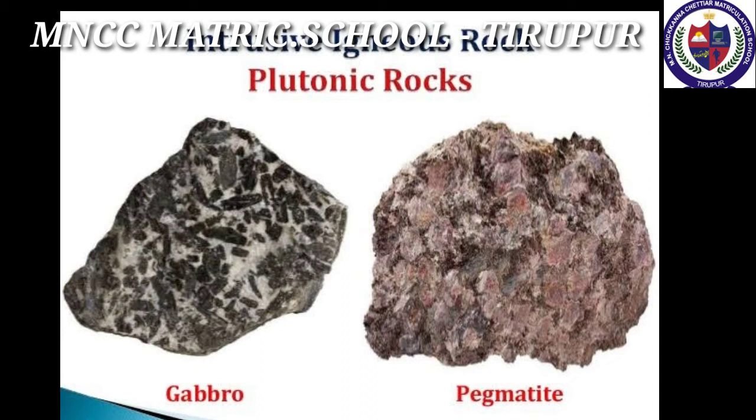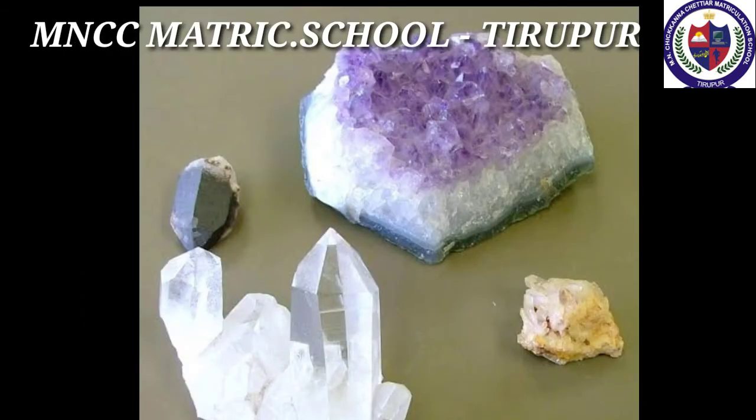The deep-seated rocks are called plutonic rocks, and the ones formed at shallow depths are called hypabyssal rocks. Granite, diorite, gabbro and pegmatite are examples of plutonic rocks, and dolerite is an example of hypabyssal rocks. Since intrusive igneous rocks consist of large crystals, they are also called crystalline rocks.